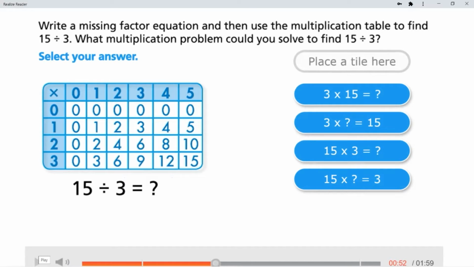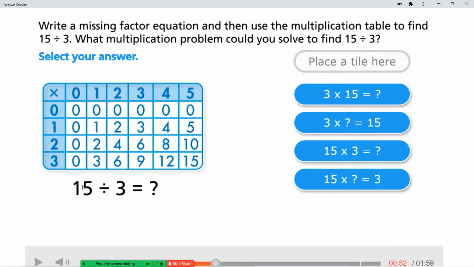Select your answer. Now remember your related facts and your fact families with multiplication and division. So you can look at this and read it backwards to figure out what your multiplication problem is. So if 15 divided by 3 is a number, that means a number times 3 is going to be equal to 15, or 3 times the number is going to be equal to 15.